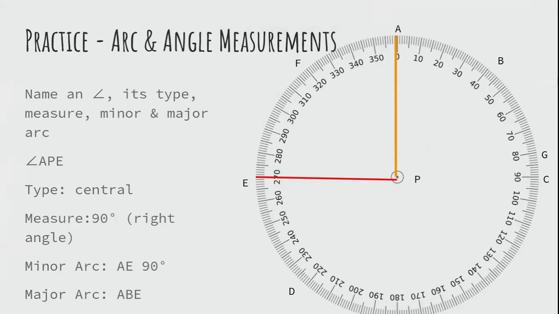Remember, the two together form a complete circle. So if the portion of the circle from A to E is 90 degrees, what is the portion of the circle from A going past B and ending at E?